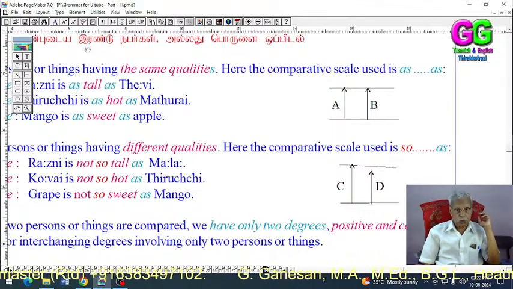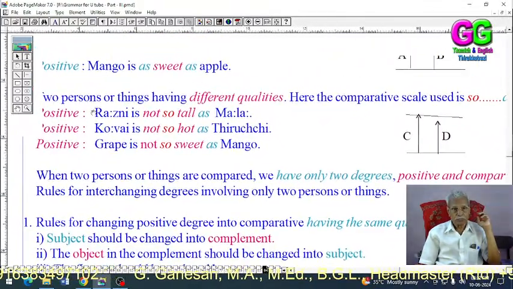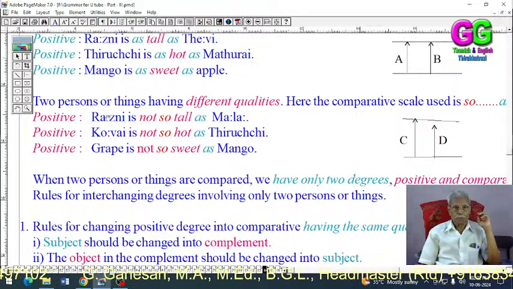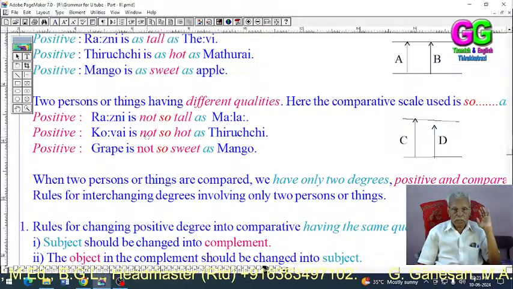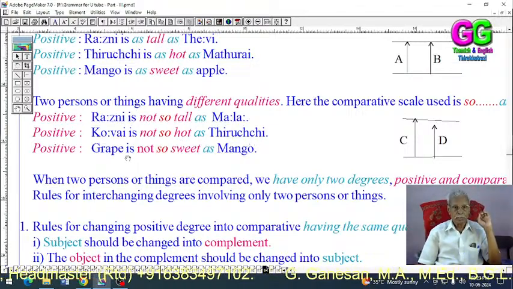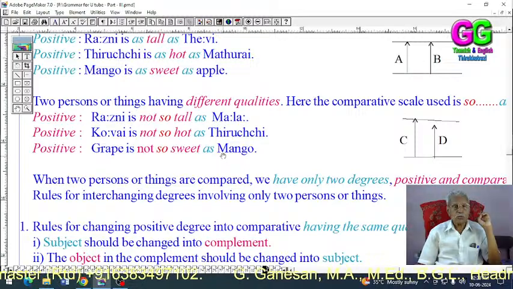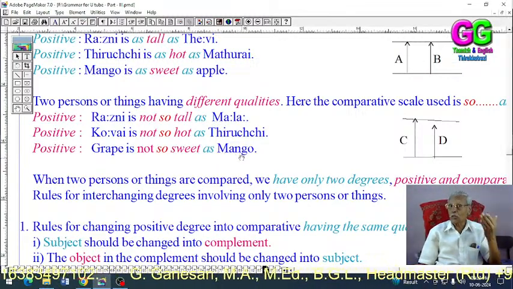Let us see the examples. Ronnie is not so tall as Mala. Kovai is not so hot as Trichy. Grape is not so sweet as mango. The qualities are different.